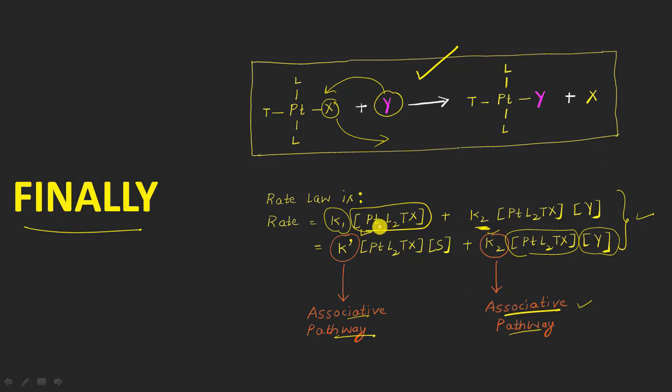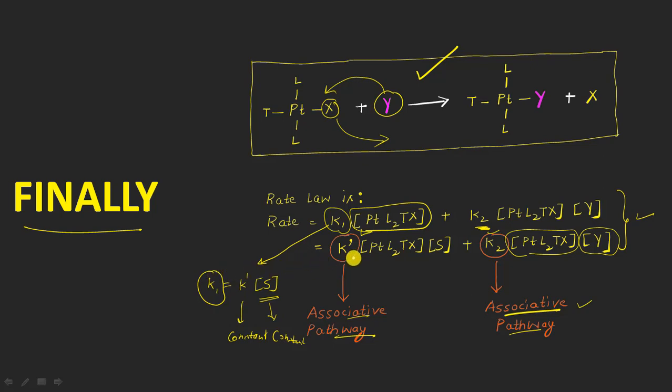But at the same time, we are adding that the solvent plays an important role, such that this K1 is equal to K dash multiplied by the concentration of the solvent, which is present in large excess, so that it is also a constant. A constant multiplied by a constant will come out to be the constant K1.